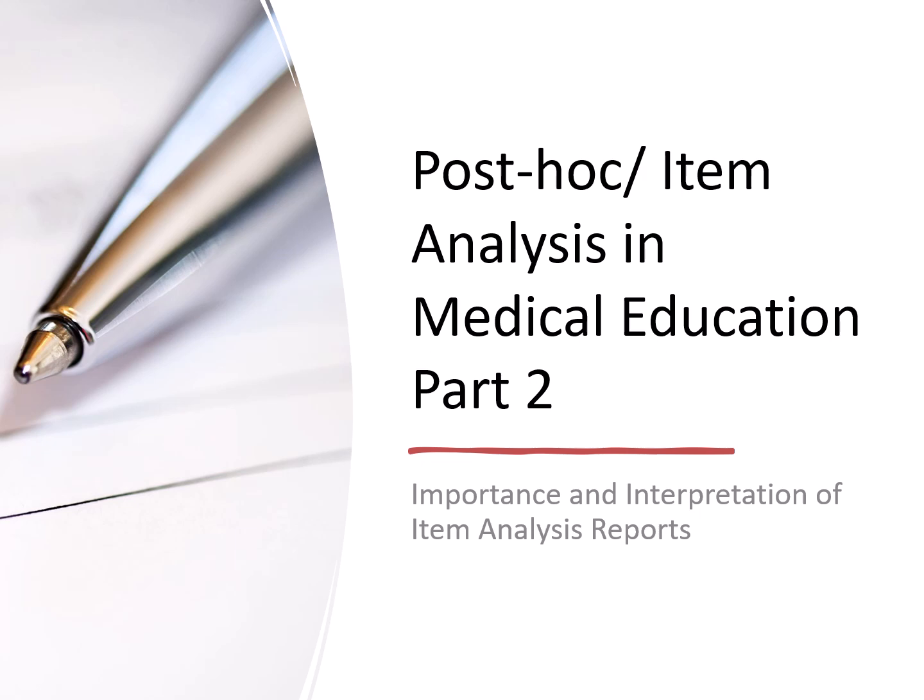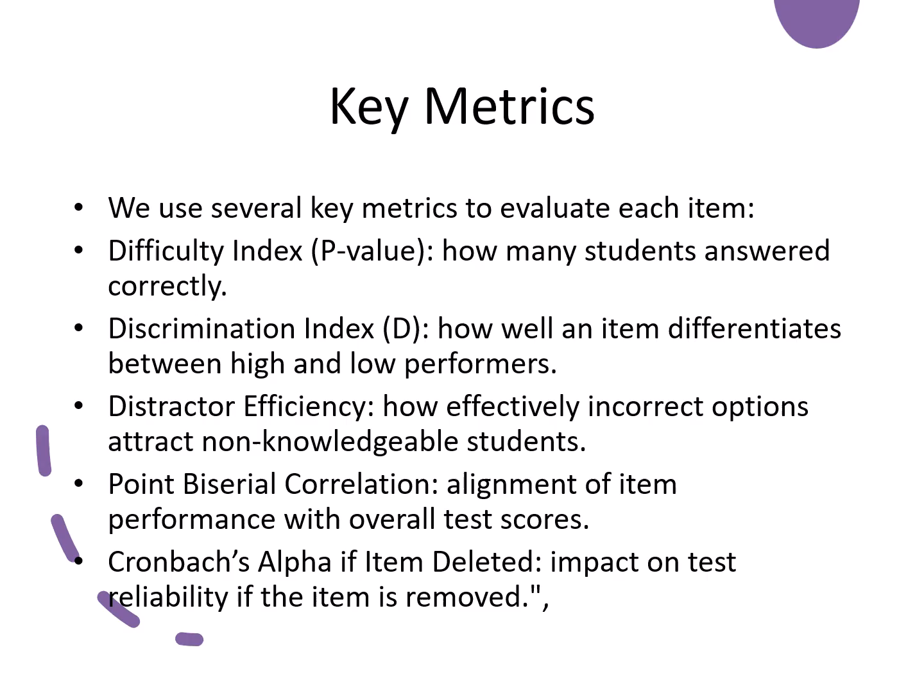In the last video, we discussed the key metrics that are used to evaluate item analysis. We have the difficulty index, which is the p-value, and the discrimination index, which is denoted by capital D. Then we have the distractor efficiency and the point biserial correlation, which tells us how aligned our items are compared to the overall test scores.